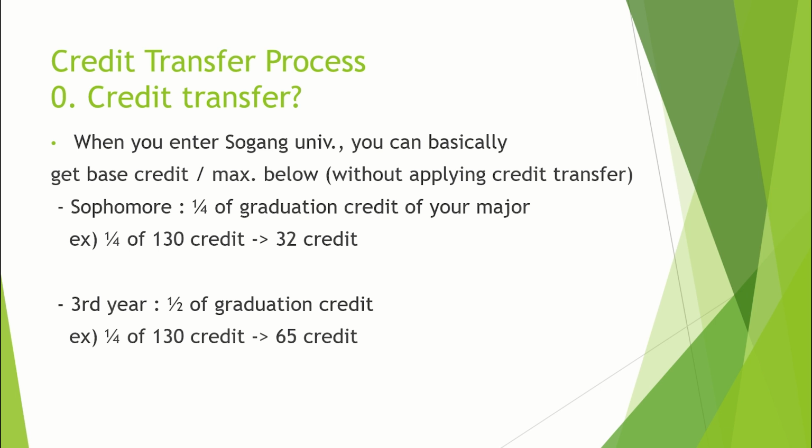So we give you a basic point: one fourth of 130 credits to second year students, and a half of 130 credits for third year students. If you are a business major or economics major, maybe the credits are not 130 but 126.